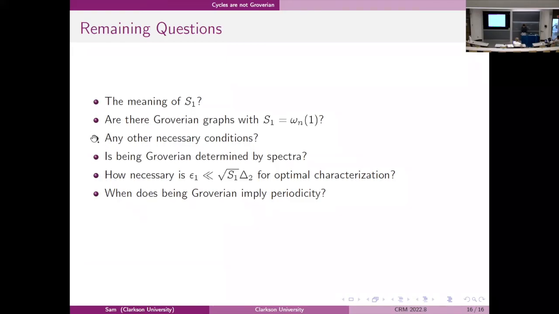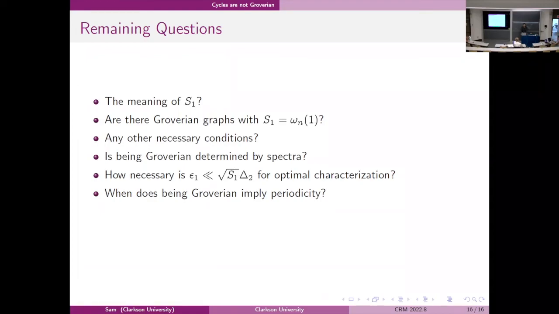And the other thing is we have no idea whether there are any other necessary conditions, because in this case we're lucky, we're showing the cycle is not working for all time, and obviously we cannot characterize, for example, the 2D lattices.